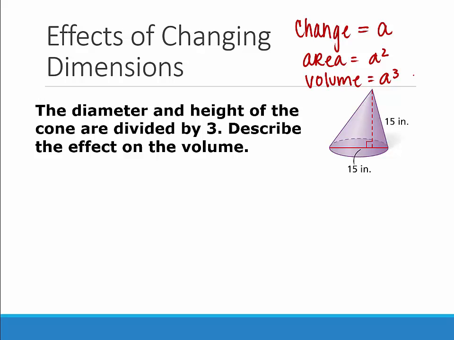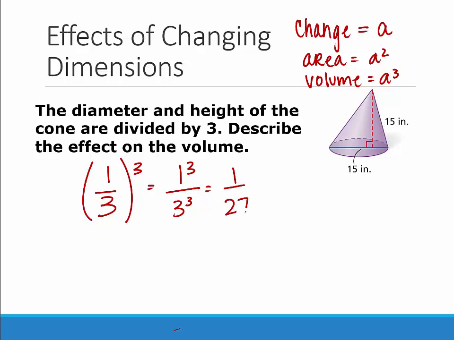So the diameter and the height of the cone are both divided by 3, or we can say multiplied by 1/3. So the effect on the volume would be just to cube this. So you get 1 cubed over 3 cubed, or 1/27. So we can say the volume would be divided by 27, or multiplied by 1/27, whatever you want.